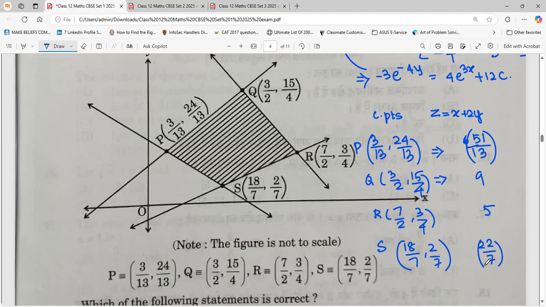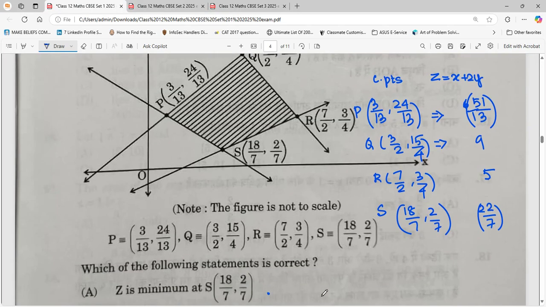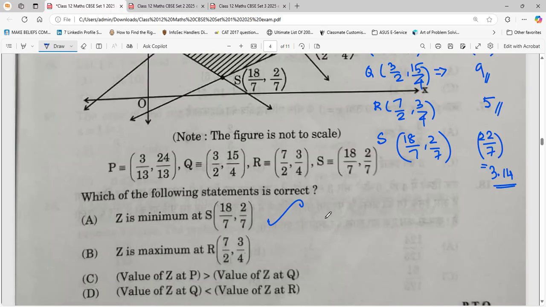So which of these is minimum? 22 by 7 is about 3.14. This one is 5, and this will be close to 4, very close to 4. So the least value is at 18 by 7, comma 2.